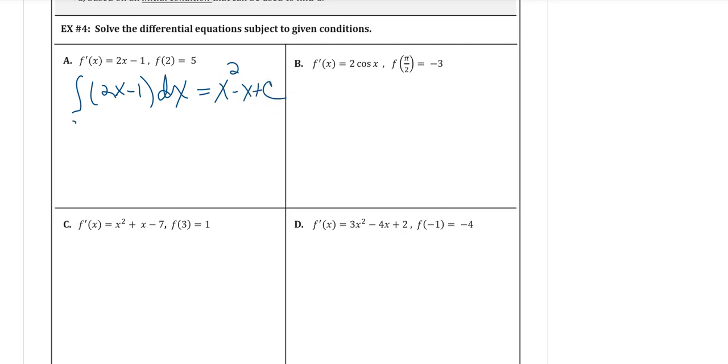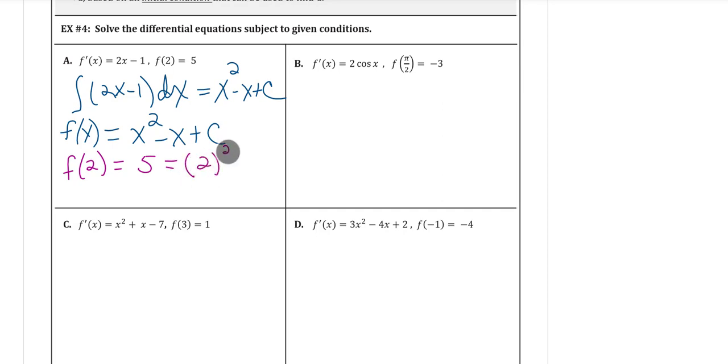So now we know that our f of x is x squared minus x plus c, and we're going to apply our initial condition. So we know that f of 2 is equal to 5, so we're setting this equal to 5, and we're going to substitute 2 in for x and solve for c.